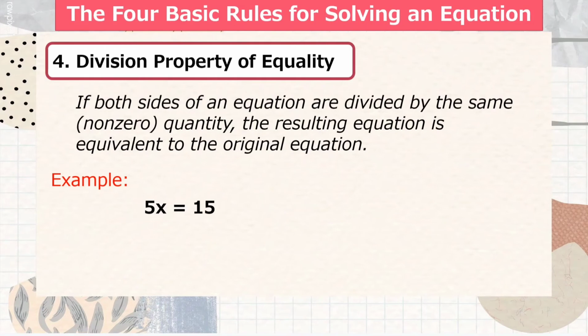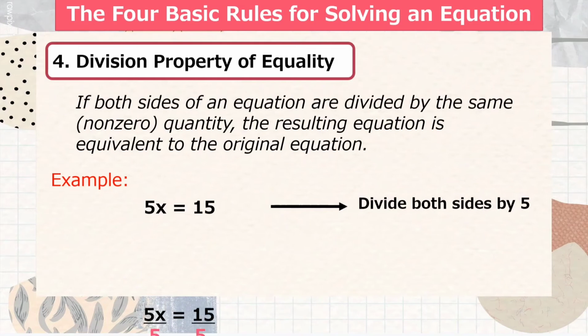Pag pinagtabi kasi natin ang numeral and a variable, the operation that we're going to use here is multiplication. So since multiplication yung given sa original equation, i-divide na natin siya by 5. Kanina dun sa number 3, multiplication yung original equation, nag-divide naman tayo dun sa resulting equation.